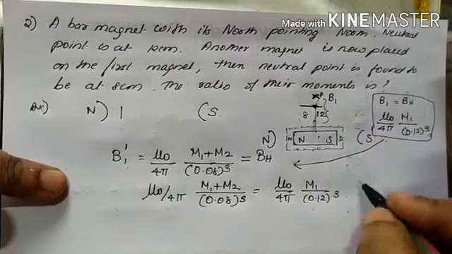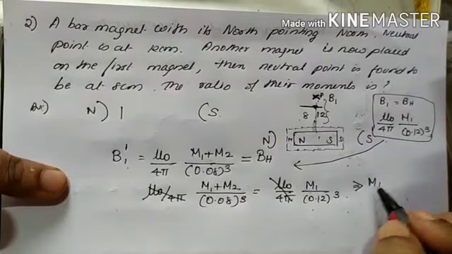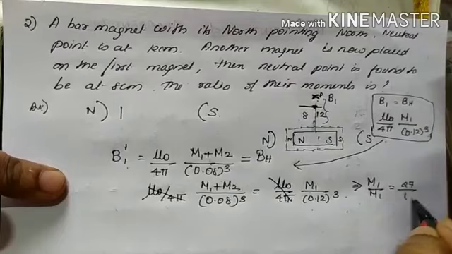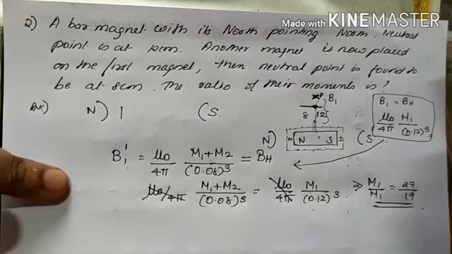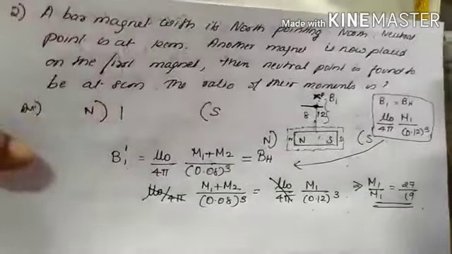Now this is just a calculation part, guys. By this time you can solve it. I'm not going to tell what I'm going to do, just look into the video. You will get the answer: m1 by m2 is 27 by 19. I'm not going to do it explicitly, guys, because you can do it by yourself.